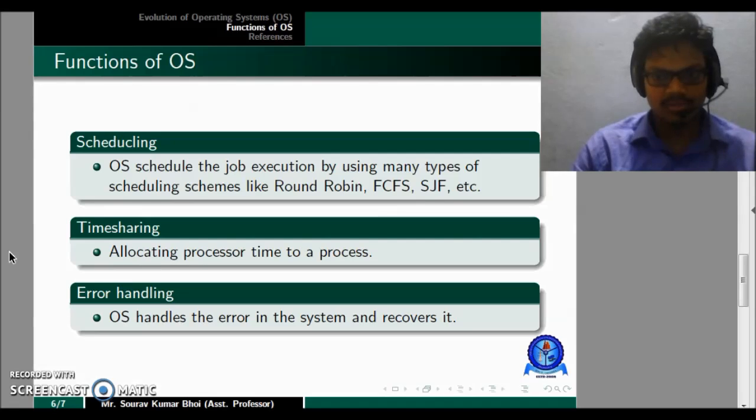In the first round we are fixing a time. Suppose I fix 10 seconds in the first round. In the first round process 1 will be completed because 10 seconds is given to it and it needs only 5 seconds. The second process is also completed because its execution time is 10 seconds and the processor is allocated to it.